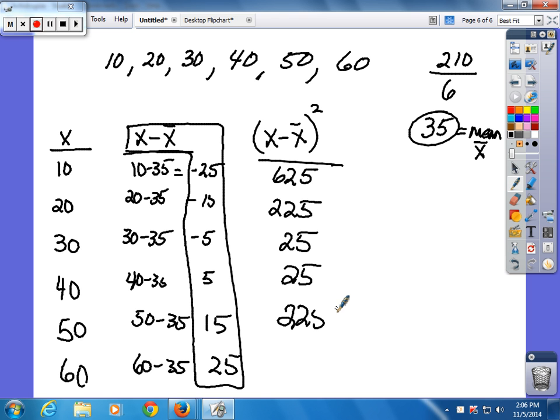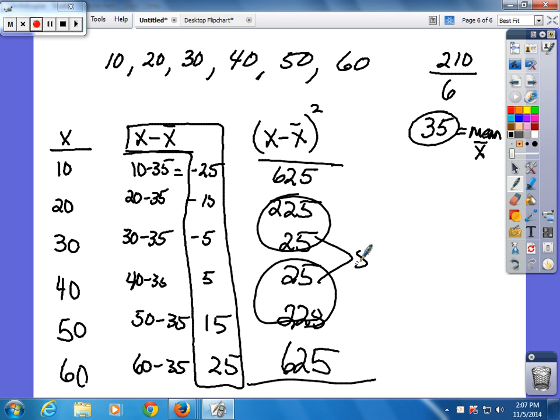And 25 is 625. I need somebody to add those up for me. Well, let's see if I can do it. That's 250. That's 250. So that's 500. 600 and 600 is 1200. 1250 is 1750. So I add them all up, you get 1750.